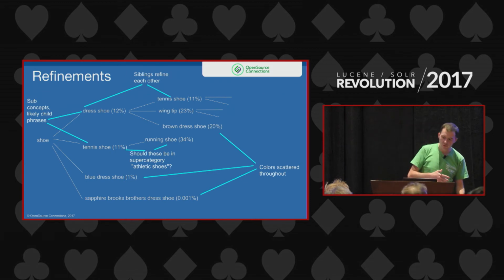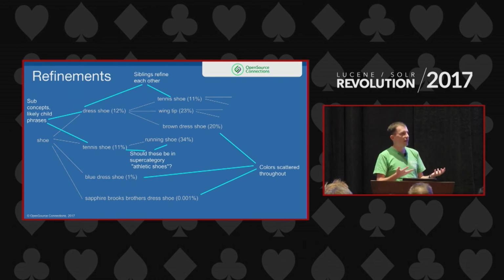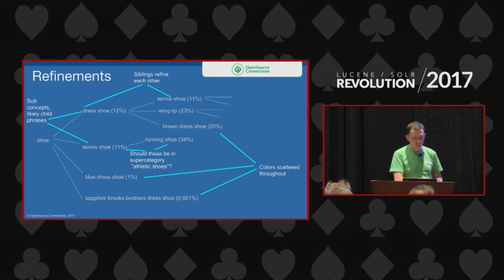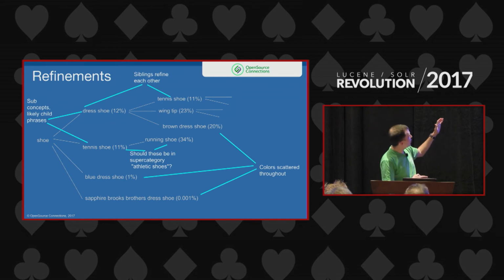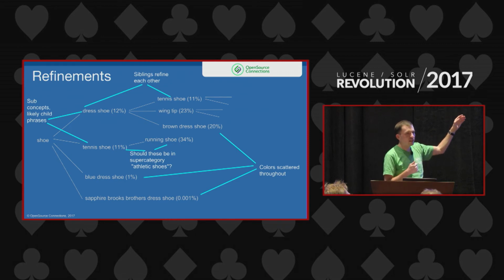And you can use this to see how people, just like I was saying before, start with simple queries quite often, and then refine to more specific queries. They'll learn the language they need to be using to get at your products. You can see patterns, like you generally see the sub-concept only under a parent concept with high probability. And for modifiers, you'll see them all across, not necessarily just under one root of the tree. You'll just see brown for everything, right?